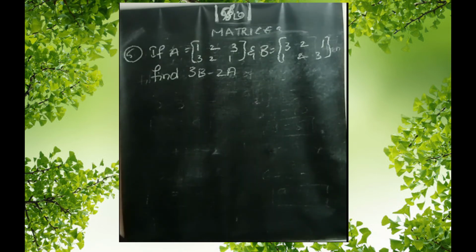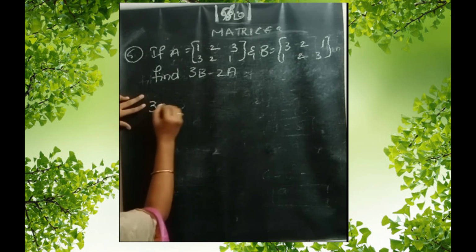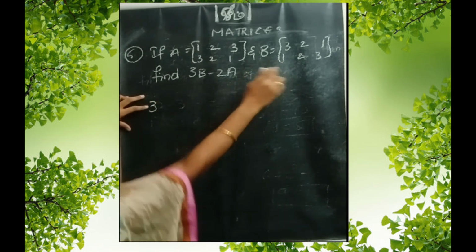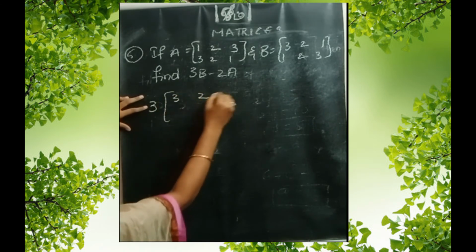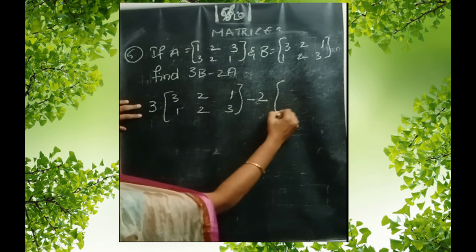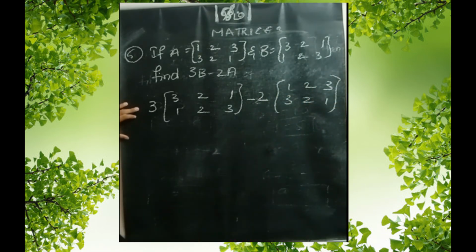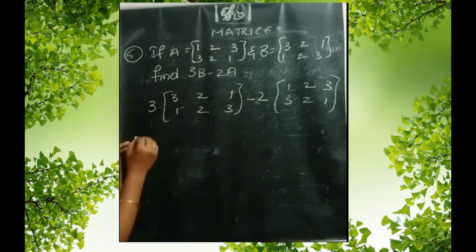Next they have given two matrices and they asked to find 3B minus 2A. So first we have to find 3B. Here 3B means what's the matrix? 3, 2, 1, 1, 2, 3 minus 2 into 1, 2, 3, 3, 2, 1. We should multiply each element with 3.